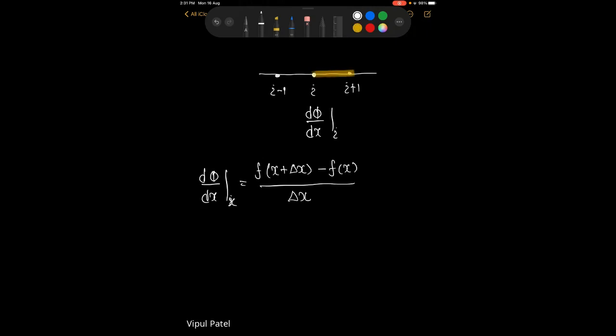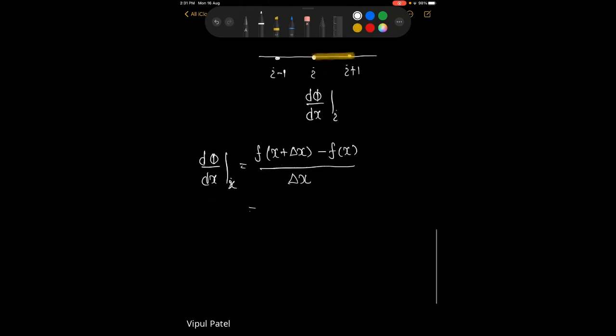If I recall my second expression, it was f of x minus f of x minus delta x divided by delta x. While writing this expression, I was referring to these two nodes, I and I minus 1.